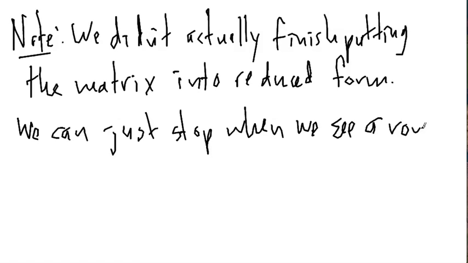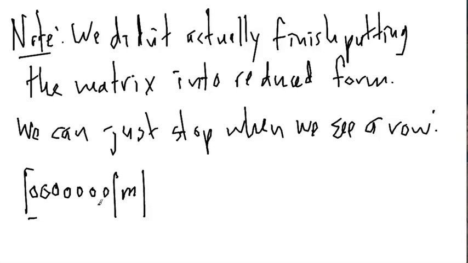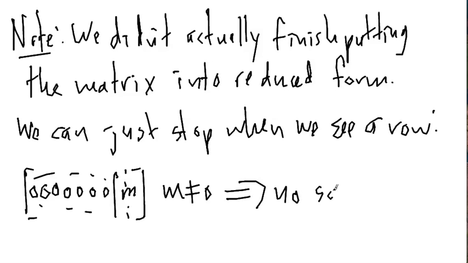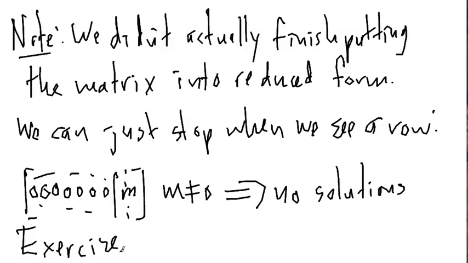We can stop whenever we see a row that looks kind of like the bottom row. What sort of row is that? A row that has a bunch of zeros, let's pretend 7 zeros, and then just some number m, where m is not 0. And all of these dots above the m and the zeros just imply that the row could be anywhere in the matrix. It doesn't just have to be at the bottom. Sometimes you might end up with that just in the middle.